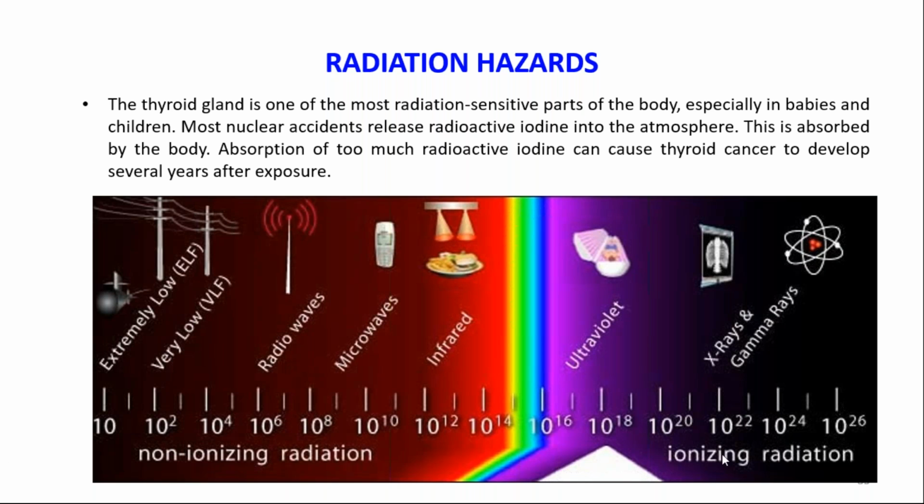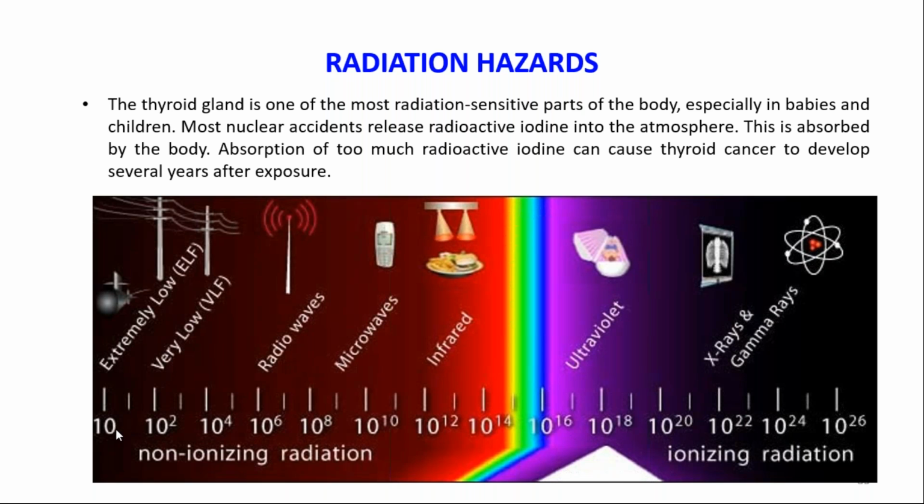So you can understand from these different bandwidths or ranges what exactly ionizing and non-ionizing radiation is. These are some of the examples or sources of ionizing and non-ionizing radiations.